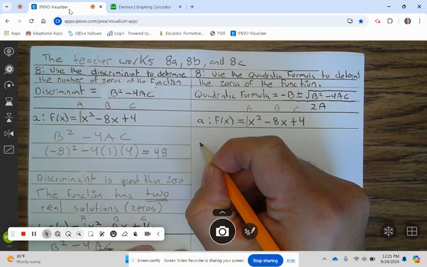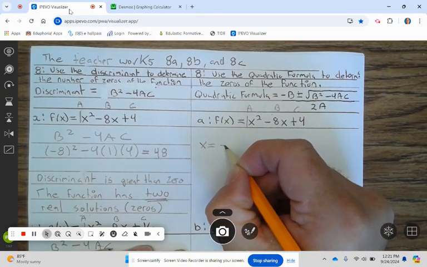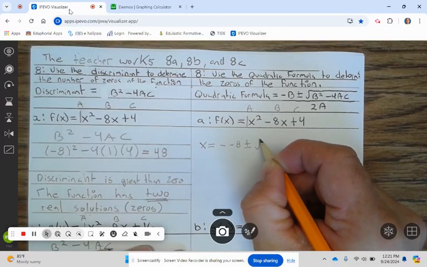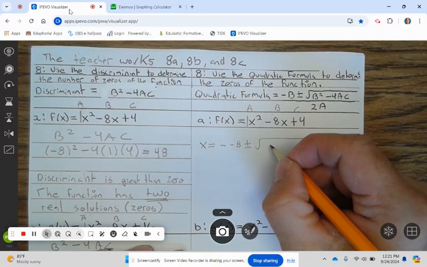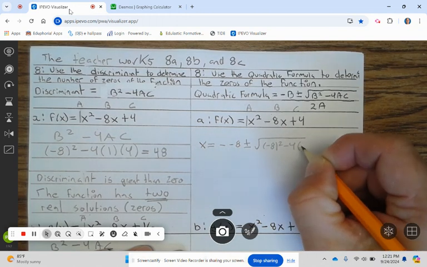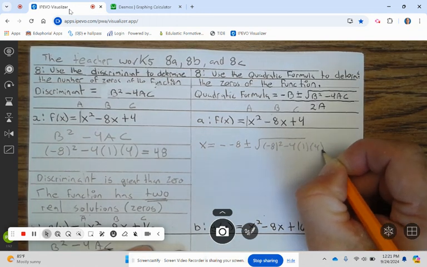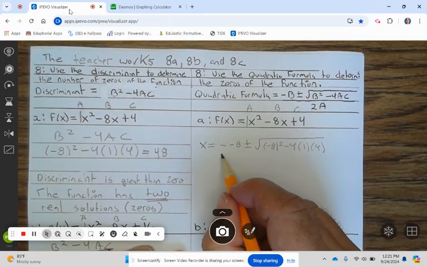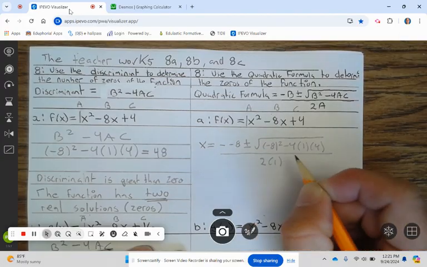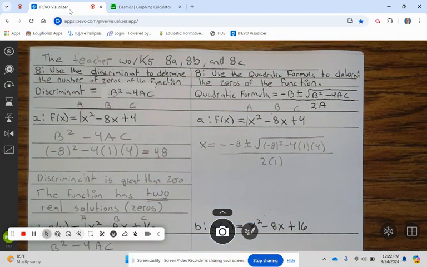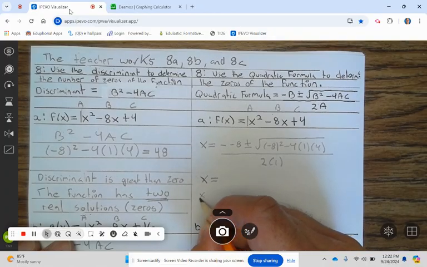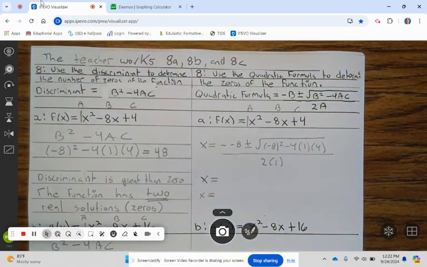So, x equals negative 8 plus or minus the square root of negative 8 squared minus 4 times 1 times 4 divided by 2 times 1. All right, and we can plug that into Desmos.